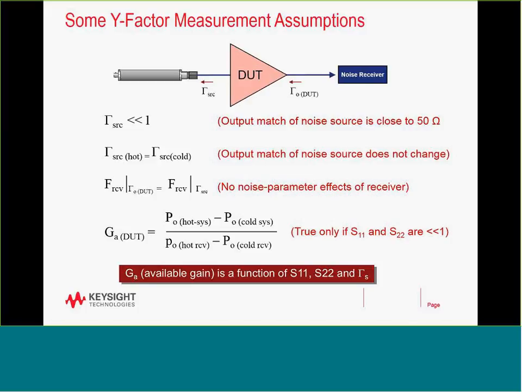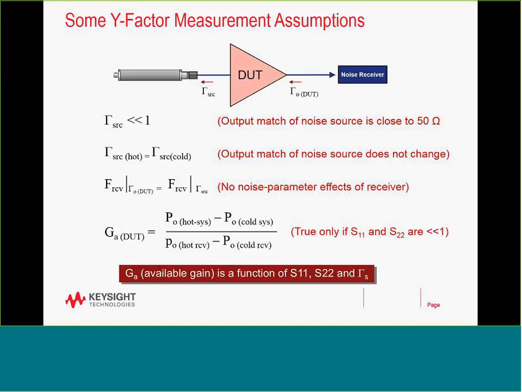Some of the assumptions for the Y-factor technique are that the noise source and DUT are very well matched, so there's very little interaction there. Also, the source hot and the source cold have the same input match, so that impedance doesn't change. We're also assuming that the receiver impedance or match is effectively the same over frequency and over power.